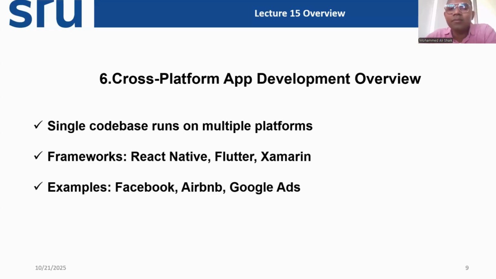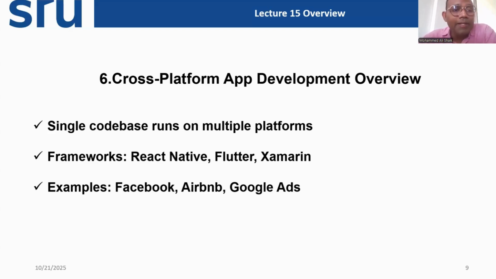So we have some popular frameworks. One among them is Flutter, which is developed by Google. It uses a language called Dart. It has widgets for a consistent user interface. We also have React Native, a Meta framework, which uses JavaScript with React-based syntax.